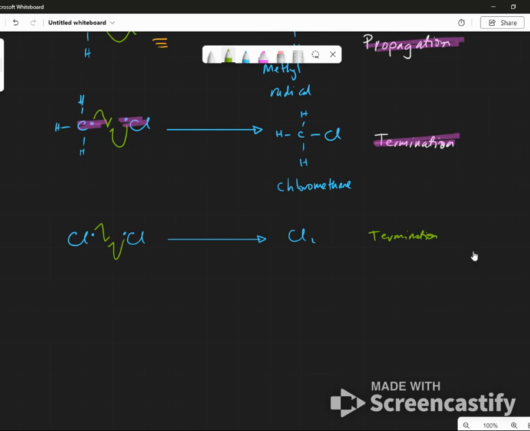There's another termination step where a methyl free radical meets another methyl free radical, and one electron goes there, the other electron goes there, and what do we get?